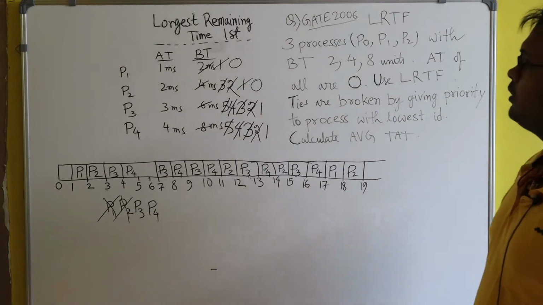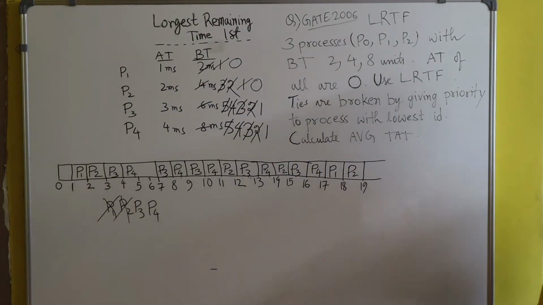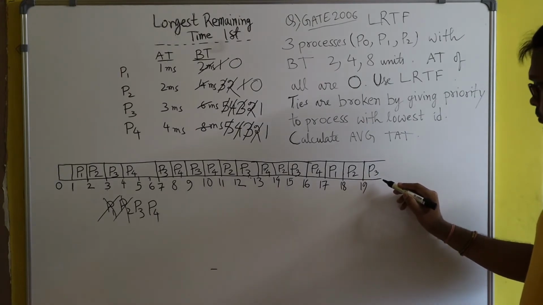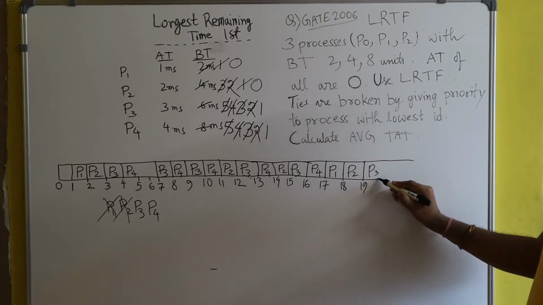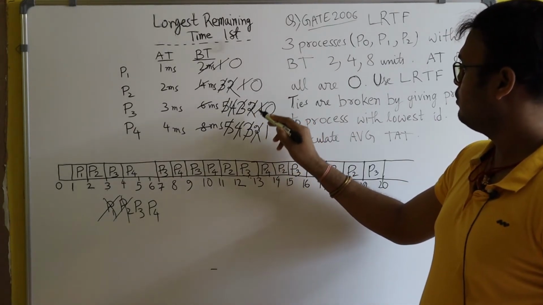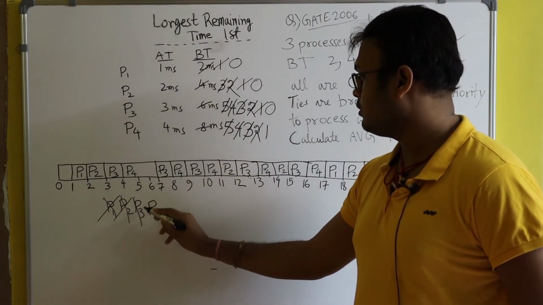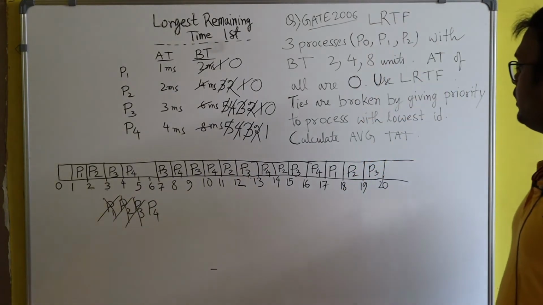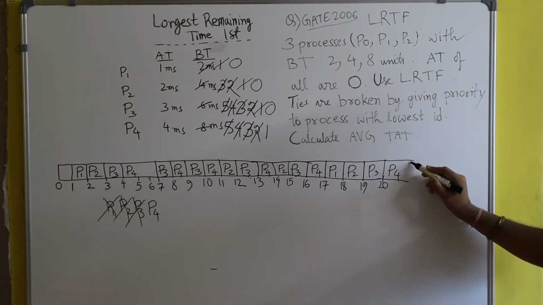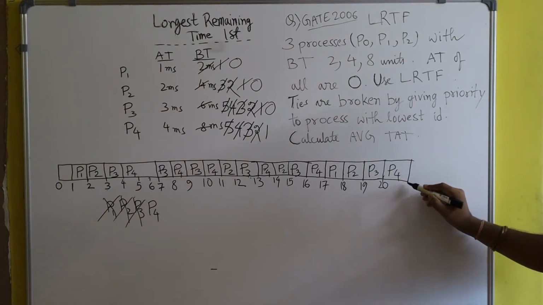Now here I will write process P3, 19 to 20. So here it's 0. Process P3 is done. So ultimately at the last, process P4 is also done.